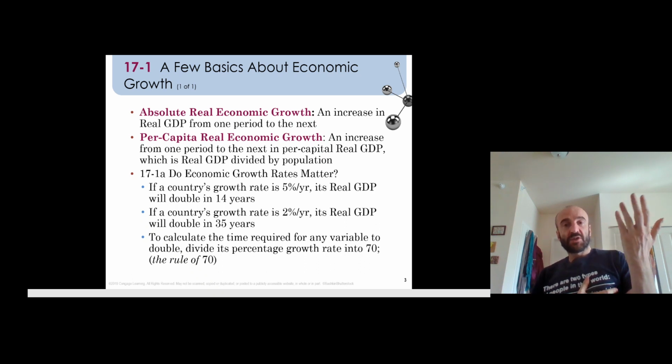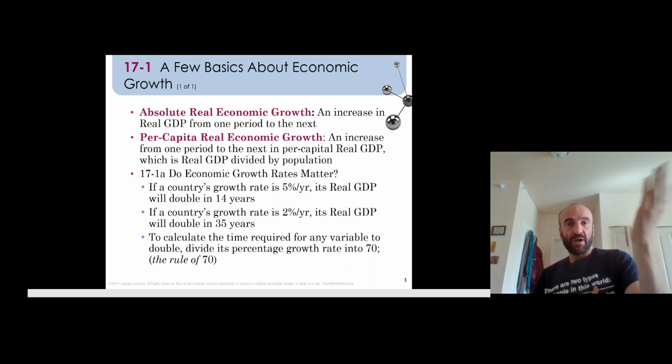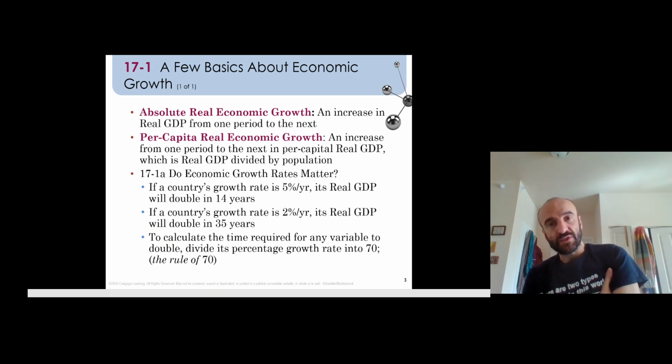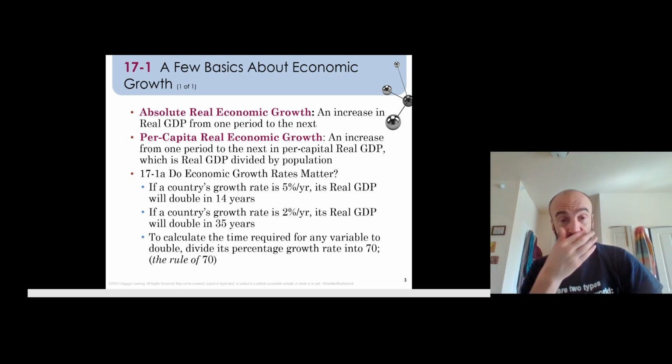Why is this important? Why would anyone bother with statistics about economic growth in the long run? Apart from the obvious use that these statistics have for what we've discussed the entire semester, essentially, policies against recession, how to deal with the problem of economic recessions and crises.